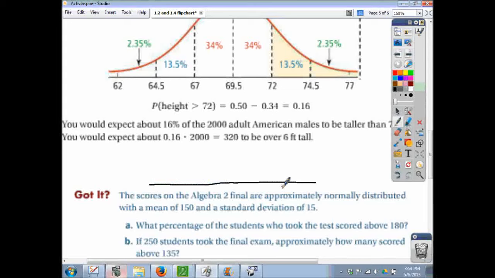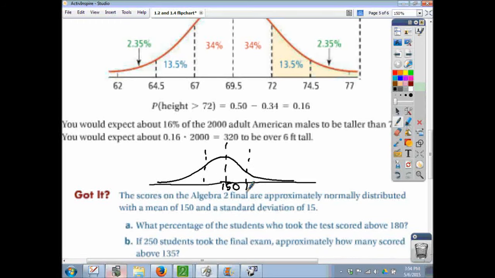Well, they haven't given us any kind of graph to look at, so we're going to have to make our own. The average here is 150, that's the mean. And if we think about normally distributed data, standard deviation comes about halfway through the curve there.